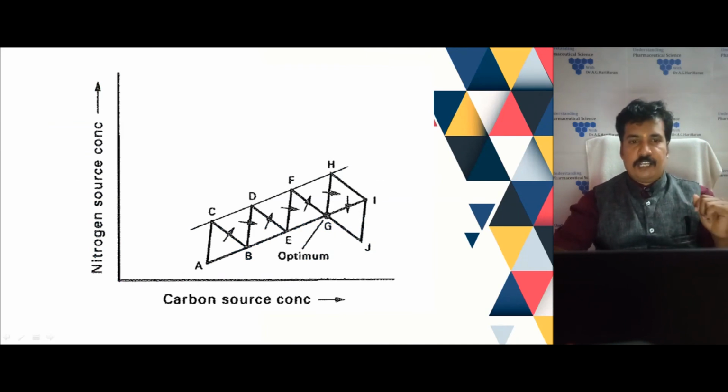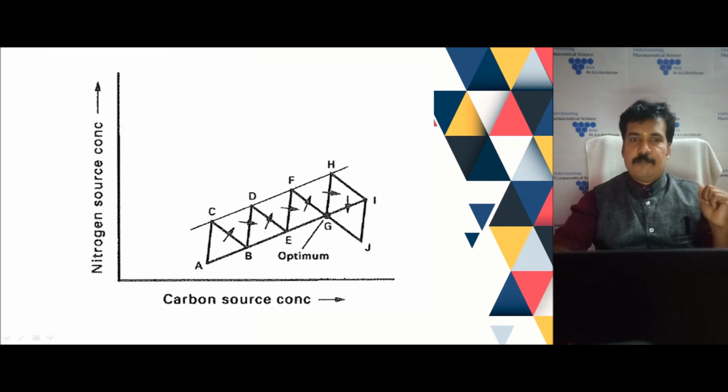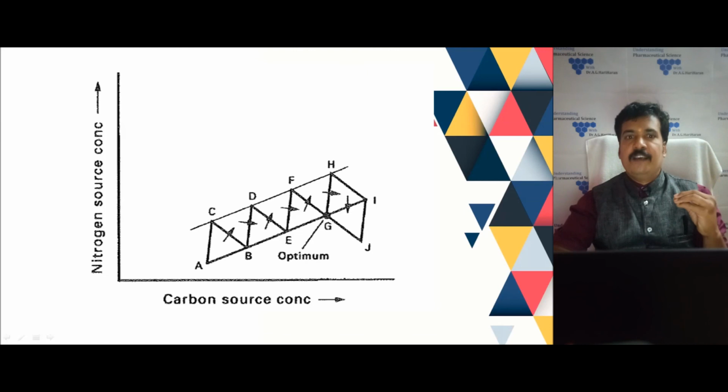In the graph, we have the carbon source concentration on the X axis and the nitrogen source concentration on the Y axis. The first graph is constructed between A and B, and then point C has been created. In this, A was worst, and then an equidistant D was created.